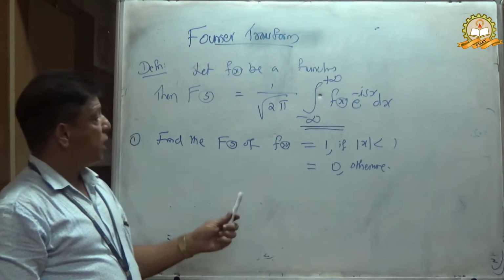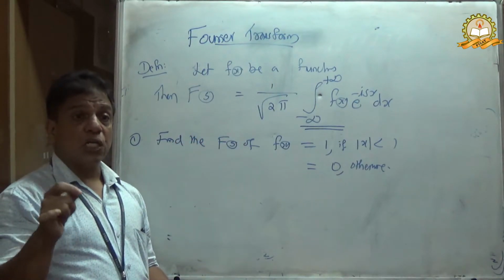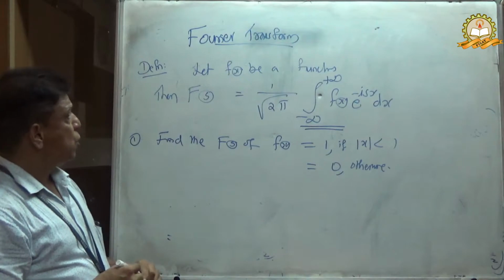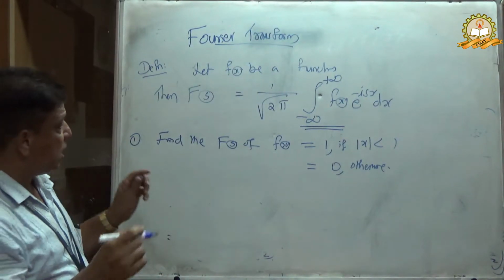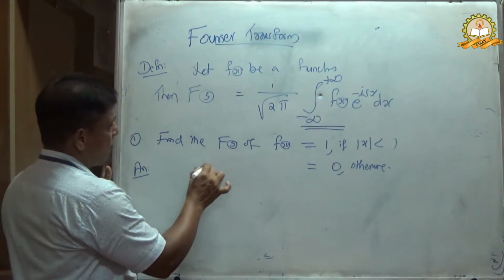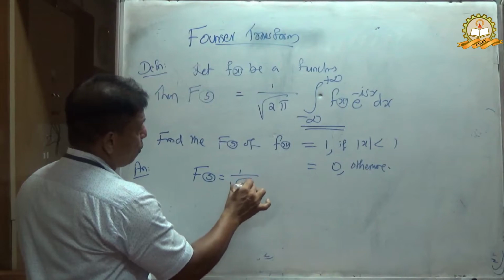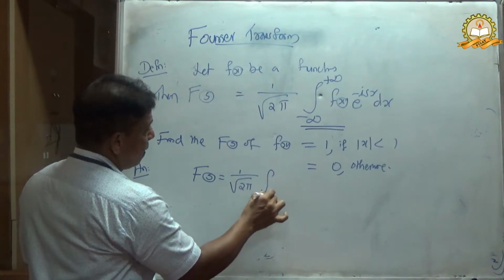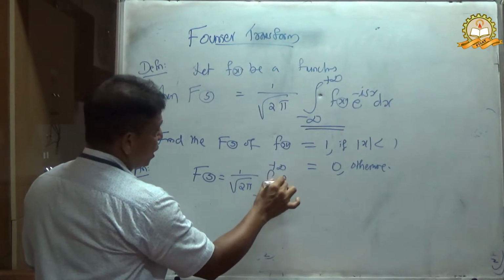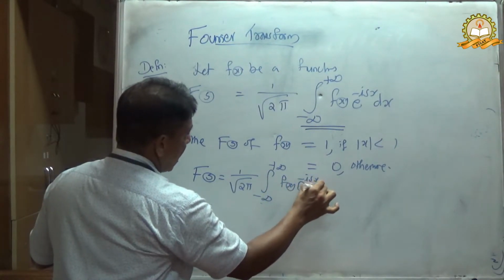Here we have to find out the Fourier transform of the given function. To find out the Fourier transform of the function, first we write the formula. The formula is 1 by root of 2 pi integral minus infinity to plus infinity f of x e raised to minus isx dx.